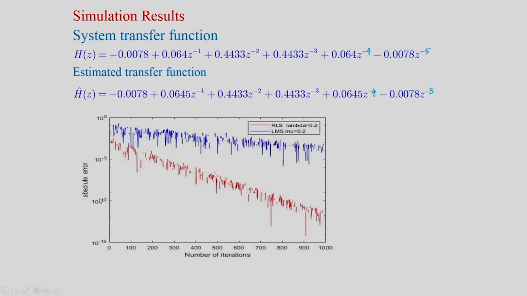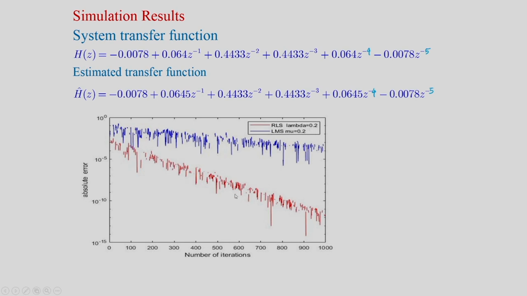We also examine the convergence characteristics. This is the absolute error after each iteration, and we see that in the case of the LMS algorithm with mu equal to 0.2, these blue values are the error values, and these are the error values when RLS with lambda equal to 0.2 is used.